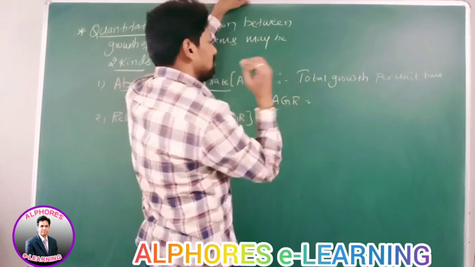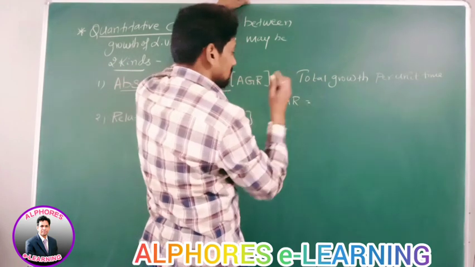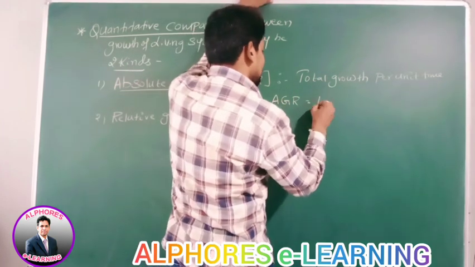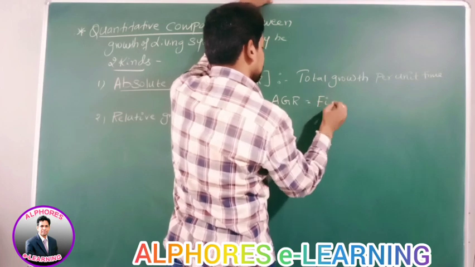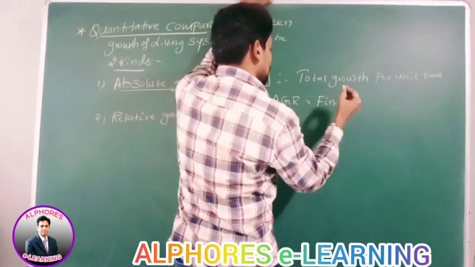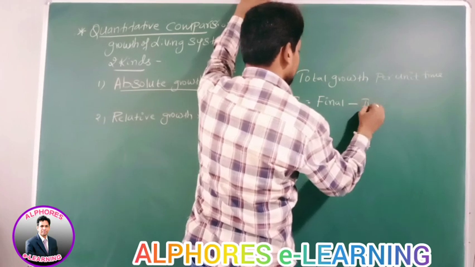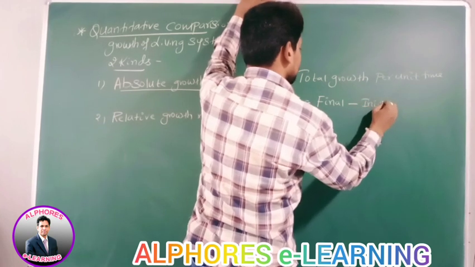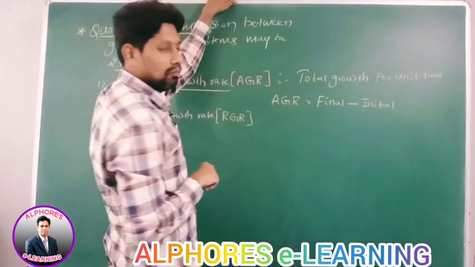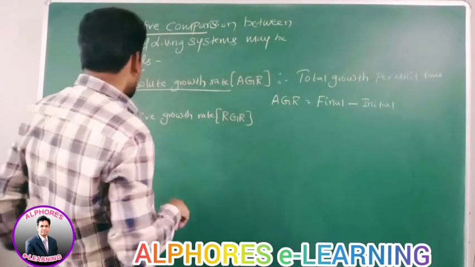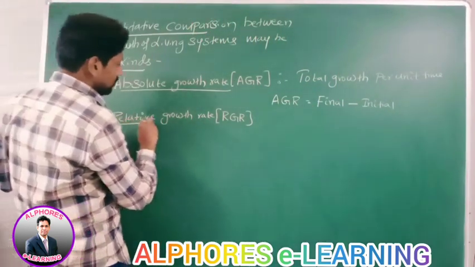Absolute growth rate is equal to final minus initial. Now go for relative growth rate.